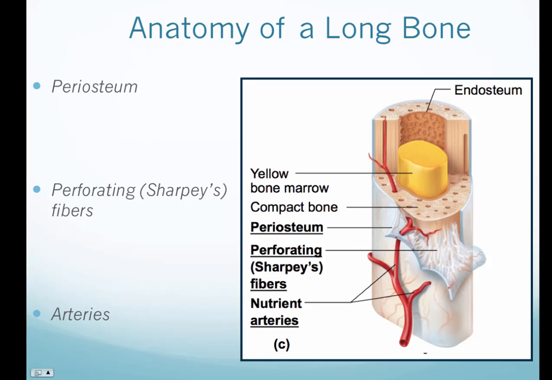Okay. More anatomy of this long bone. If we look at this outermost covering, we also have this composition of bones being of a connective tissue. And so periosteum is this fibrous connective tissue surrounding our bone.